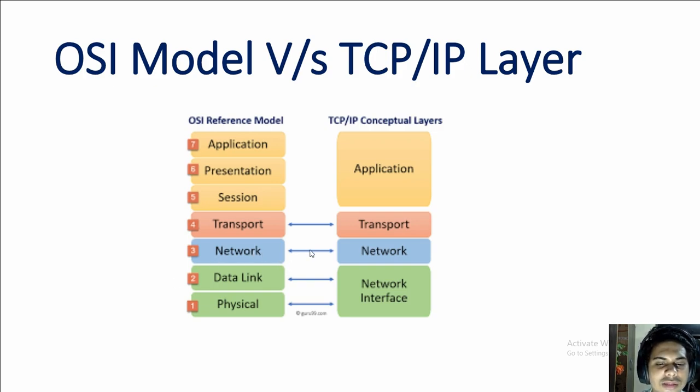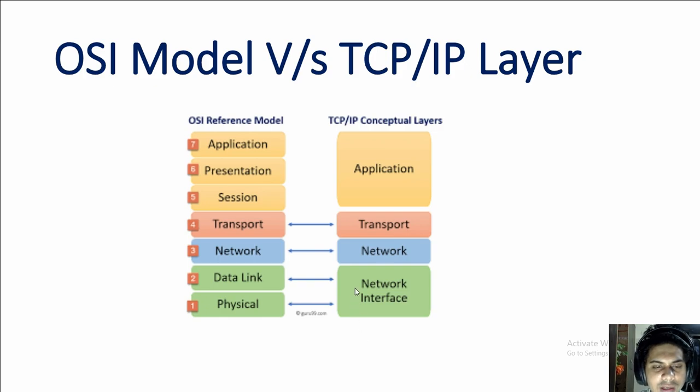The work of this layer is to mention the IP address, the address from where and to where the data packets are going. The responsibility of this layer is to check both addresses: the address from where the data packets should go, and also the address of the receiver side.